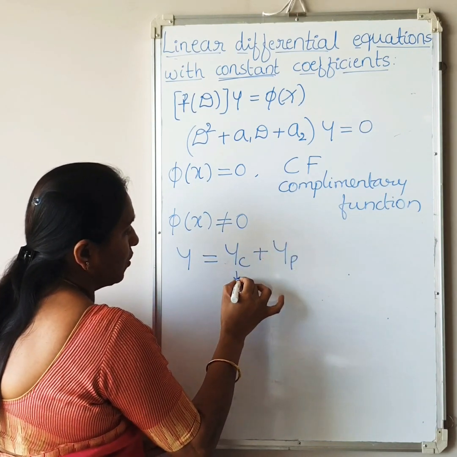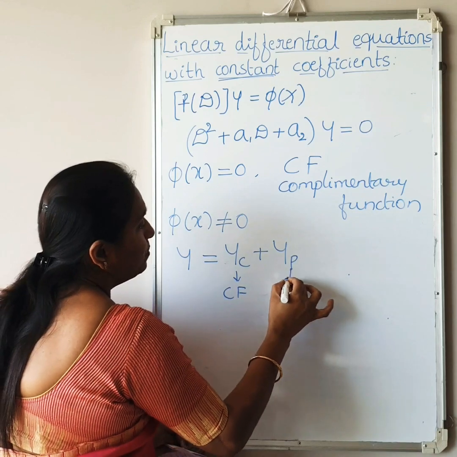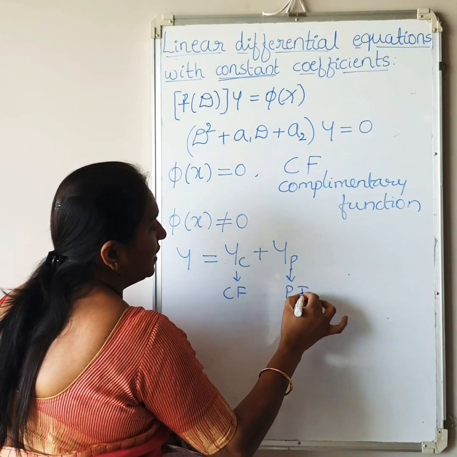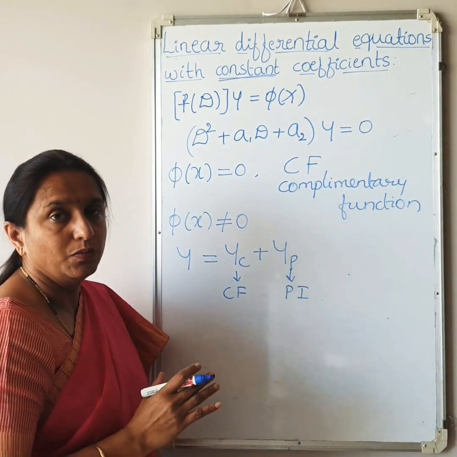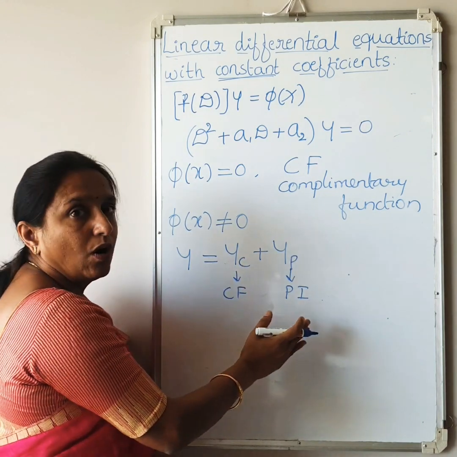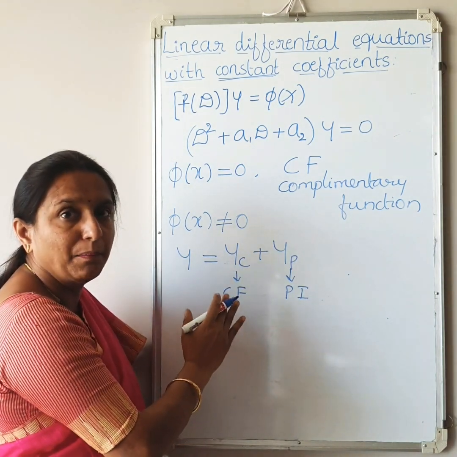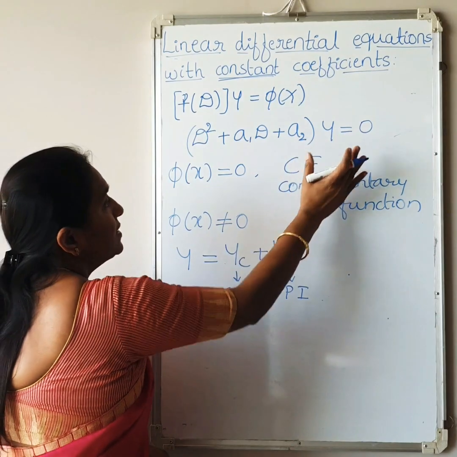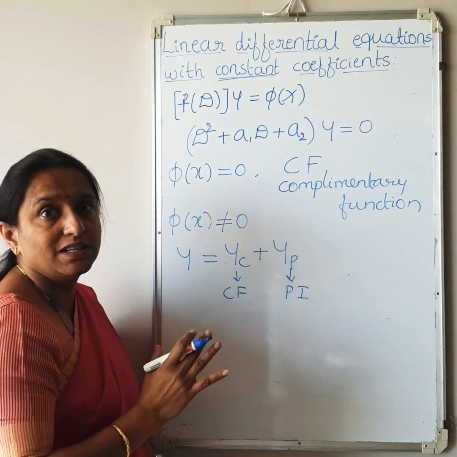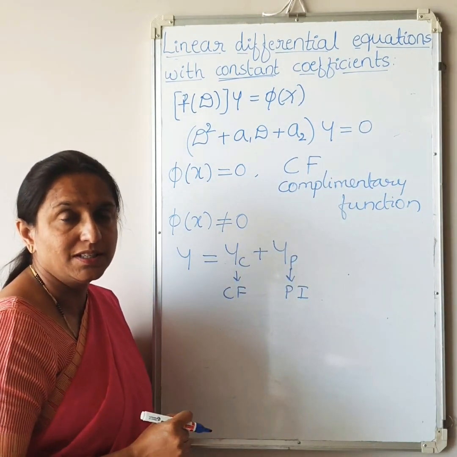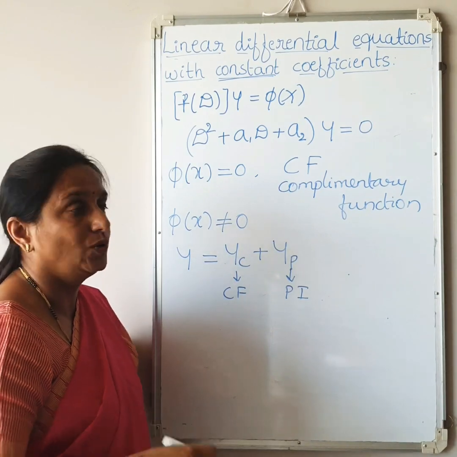Yc means the complementary function, yp means the particular integral. So if it is non-homogeneous, we have to find out the complementary function as well as the particular integral. So now we'll study homogeneous linear differential equations first and how to find the solution.